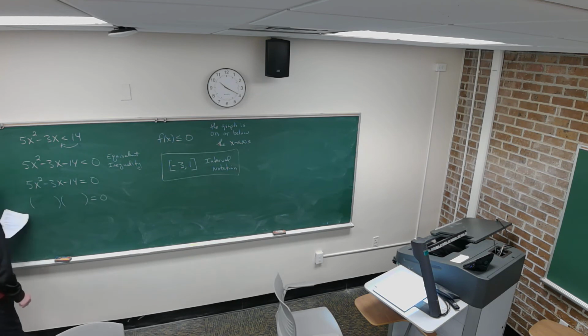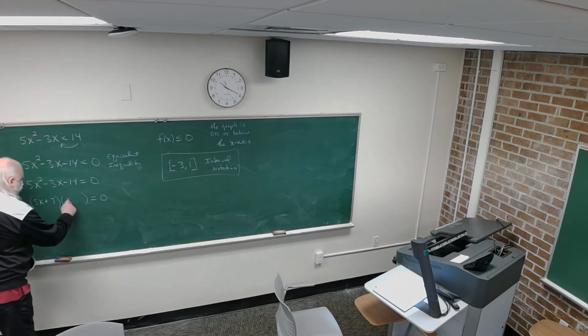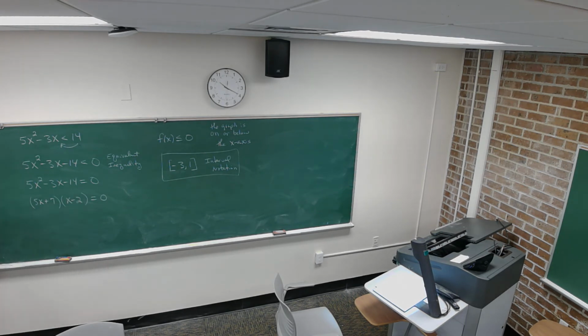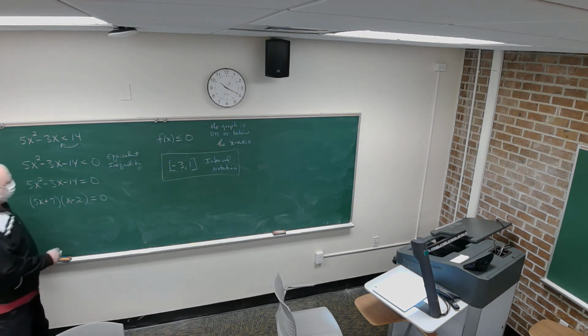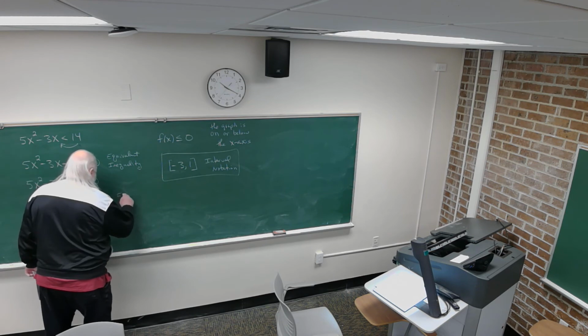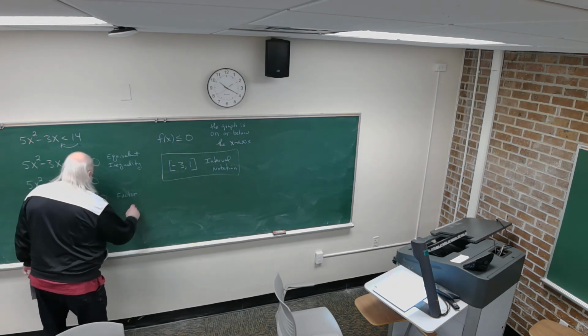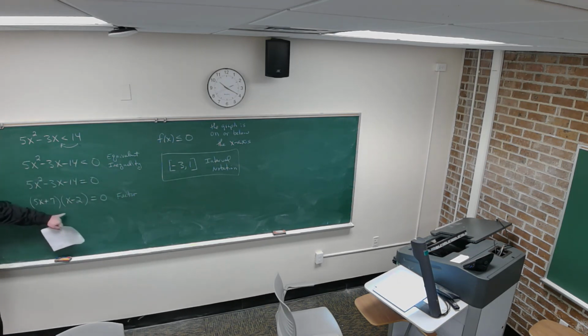This factors into 5x plus 7 times x minus 2. And now we have a product of two factors.